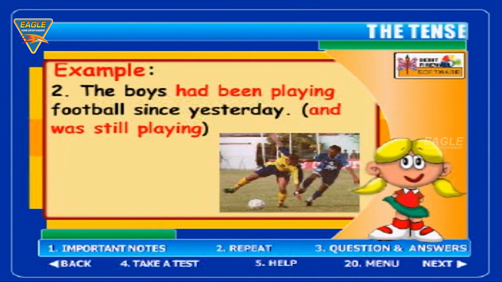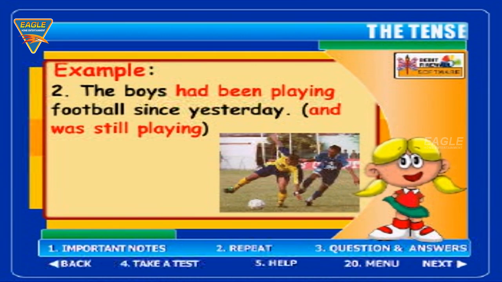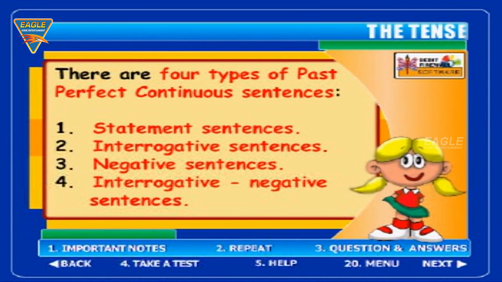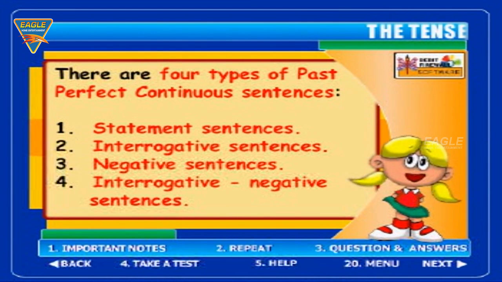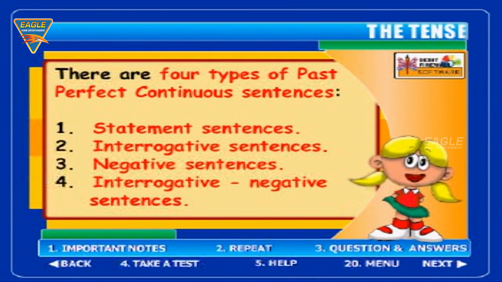The boys had been playing football since yesterday and were still playing. There are 4 types of past perfect continuous sentences: statement sentences, interrogative sentences, negative sentences, interrogative negative sentences.